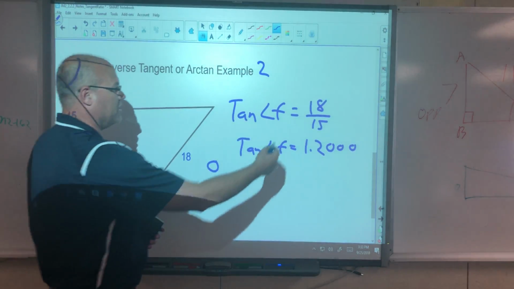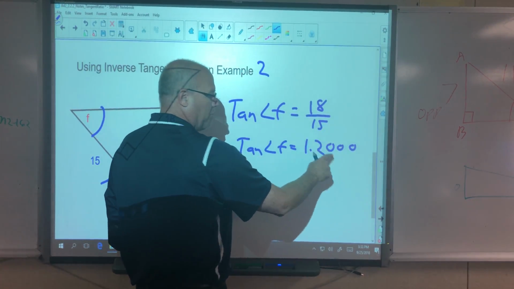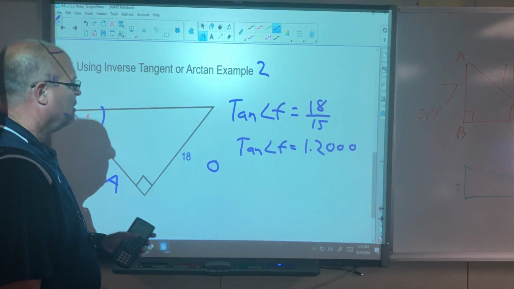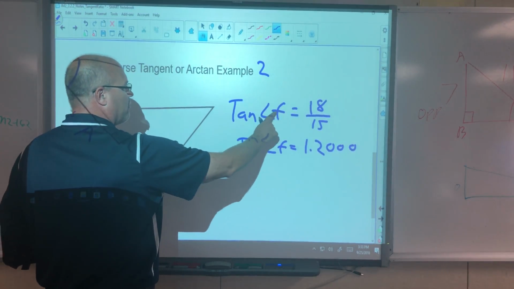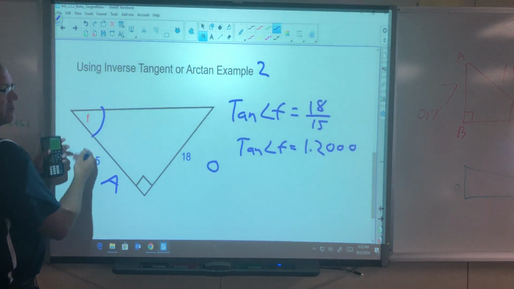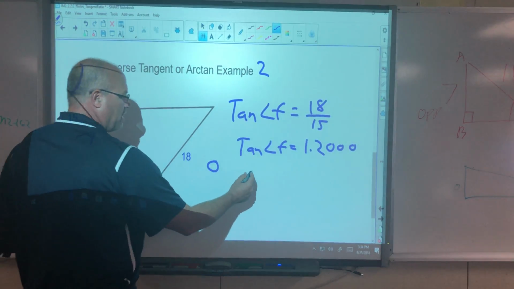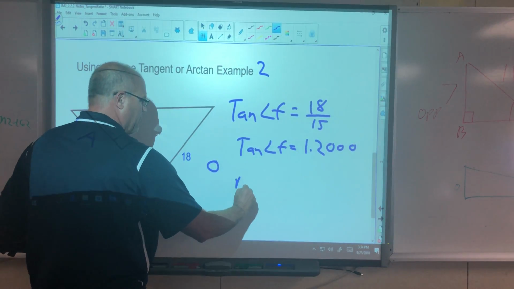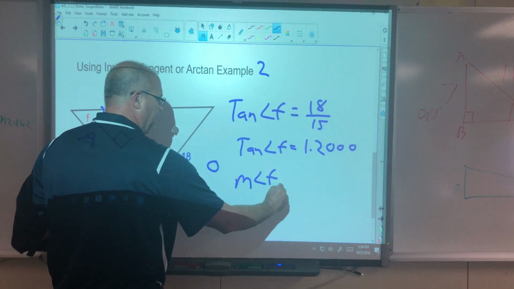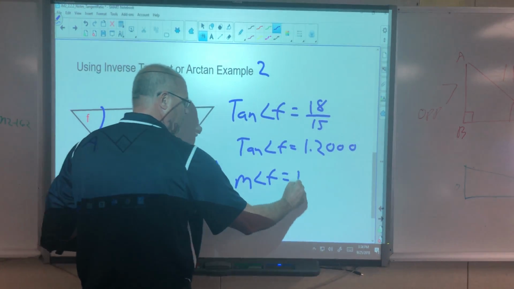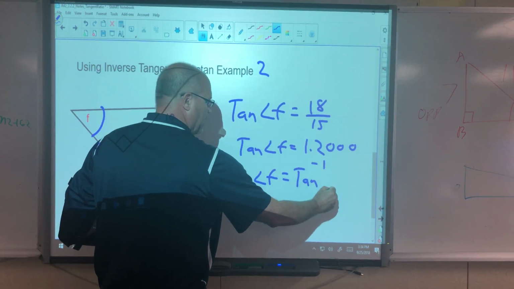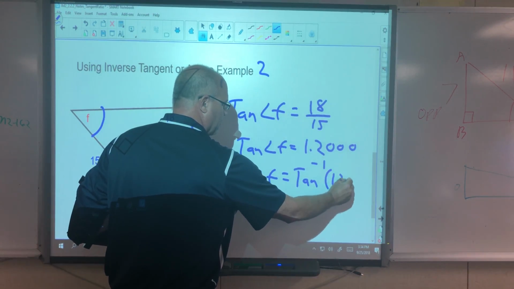We know the tangent ratio is 18 to 15 or 1.2 to 1. We already know that. What we want to know is what is the angle of reference? What's the measure of it? So to tell the calculator that, we're going to use what's called the inverse tangent. So this is what I want to see when you do your work. I want you to say measure of angle F equals inverse tan of 1.2.